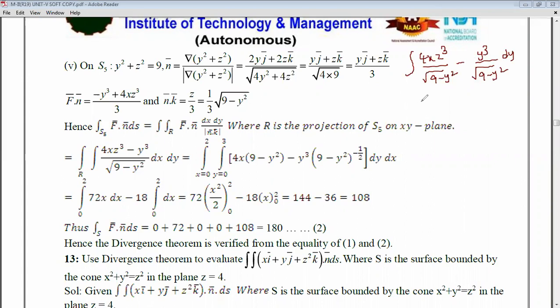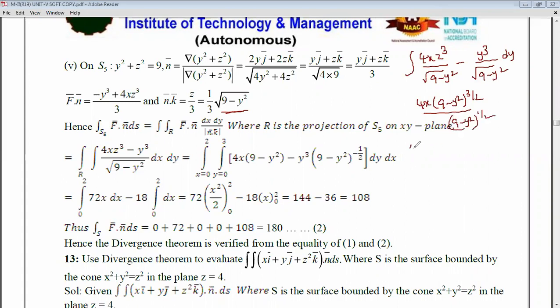So here we have 4x into z³, and z is nothing but this one, right? Z is equal to the square root of 9 minus y². So that is (9 minus y²) to the power 3/2 by (9 minus y²) to the power 1/2.